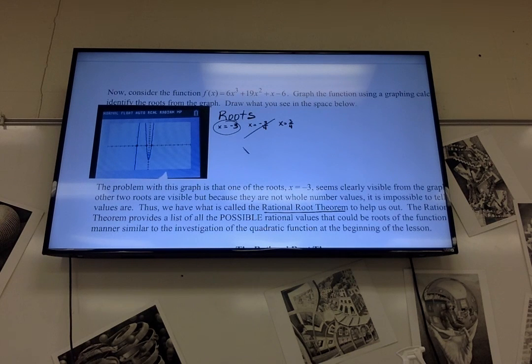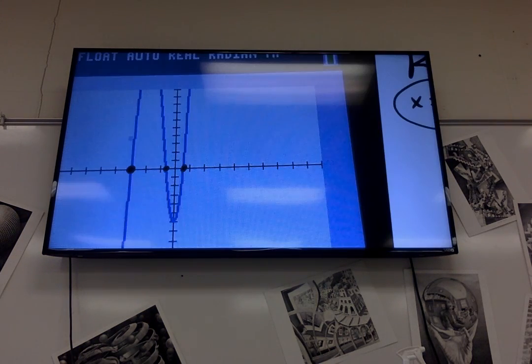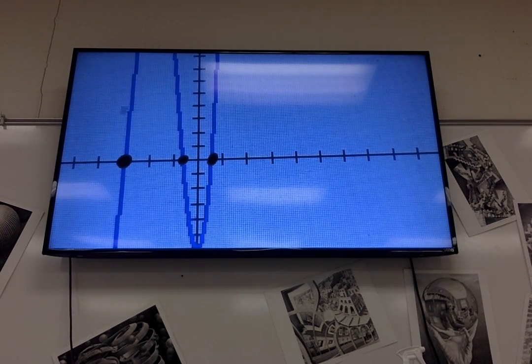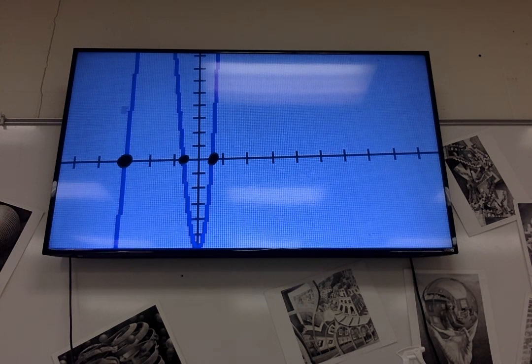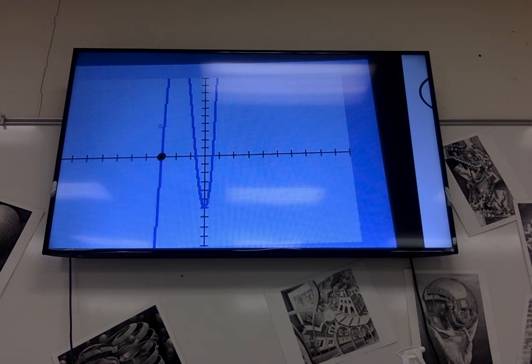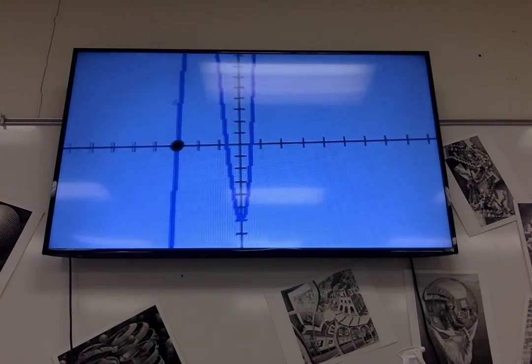So maybe instead of that one, do -2/3. Now, in this one too, let's look at them a little bit closer. I definitely see -2/3. Now look on the right. Get rid of that dot there. What do you think that is closest to? 1.5. Yeah, it looks like 0.5.